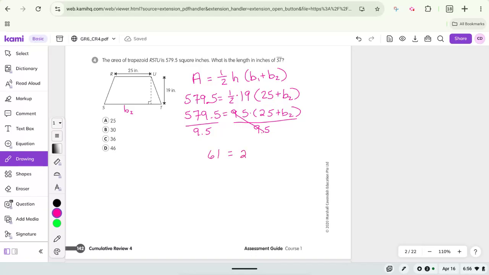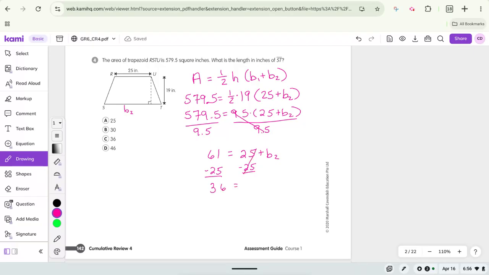So 61 is 25 plus base 2. 61 is the sum of the bases. I can simply subtract 25 from each side, and 61 minus 25 is 36.